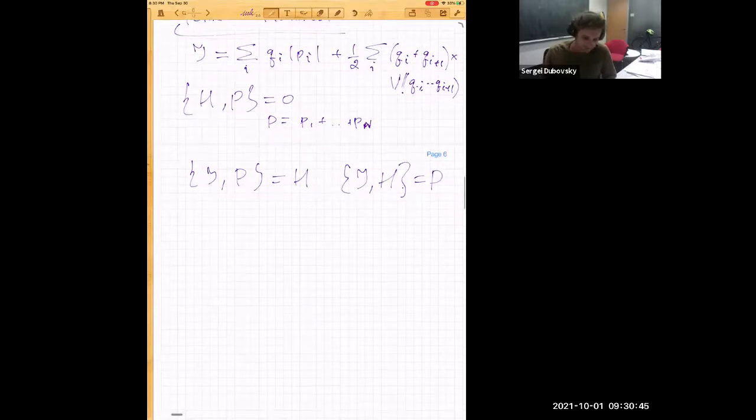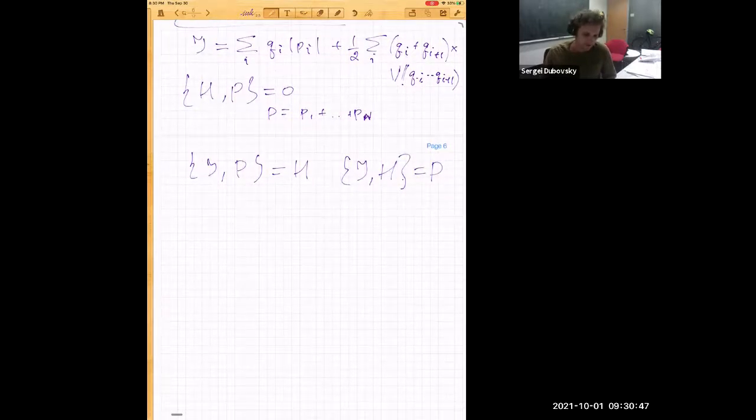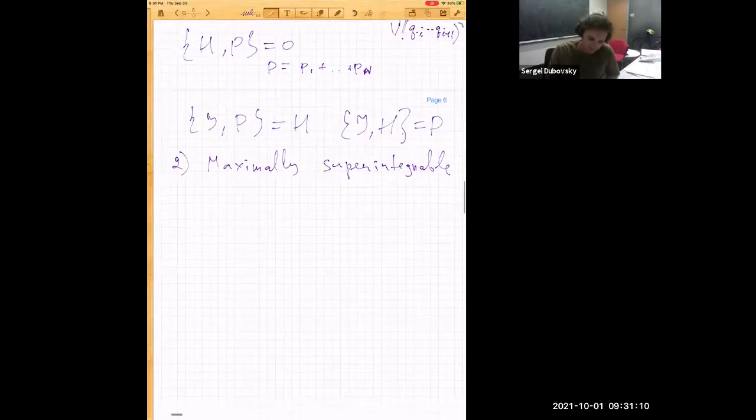And what I will prove to you now is that not only is it relativistic, but strictly speaking it's what's called maximally superintegrable, which means it has the maximal possible number of independent conserved charges, meaning 2n minus 1.